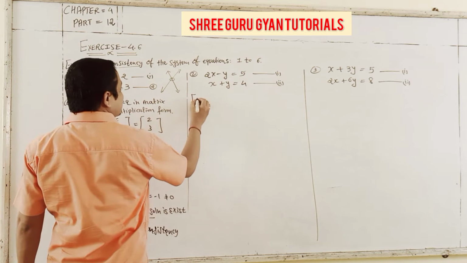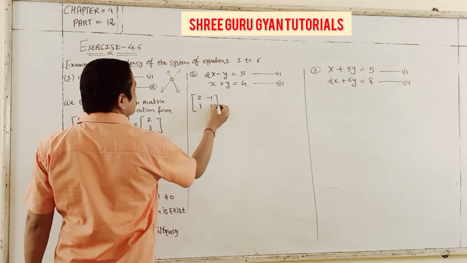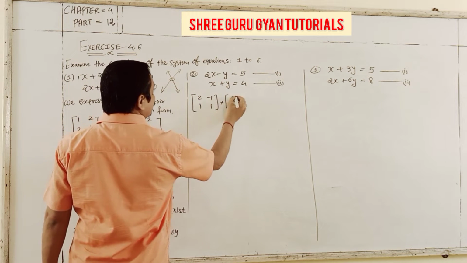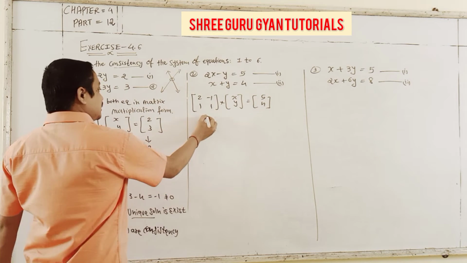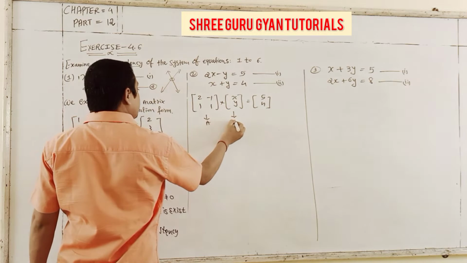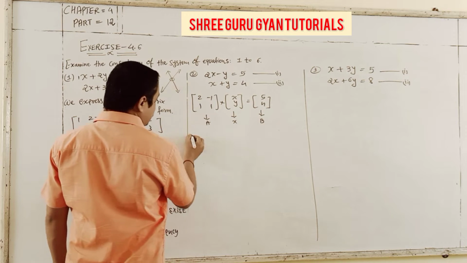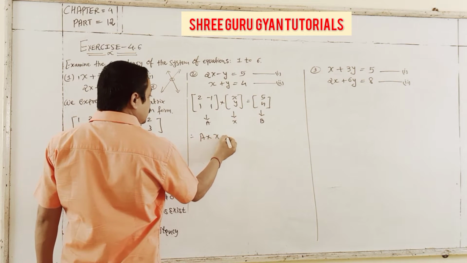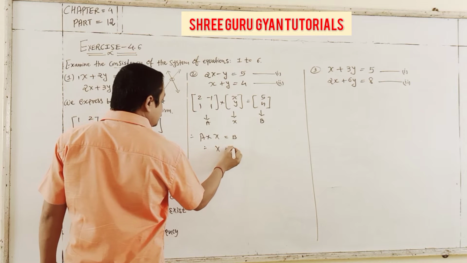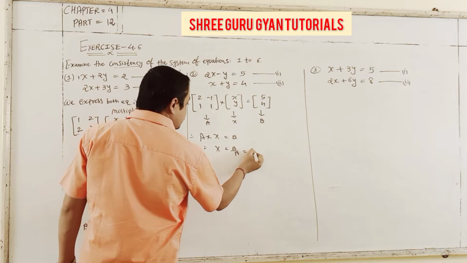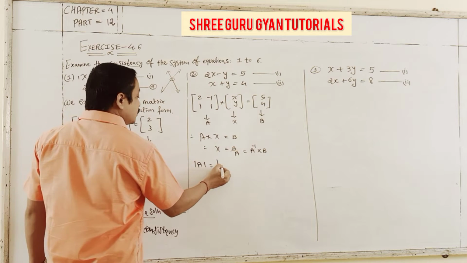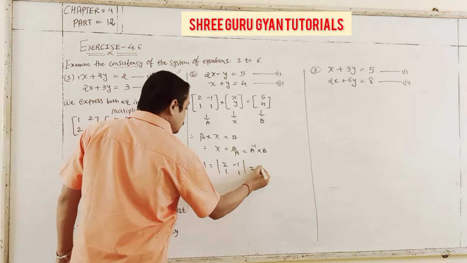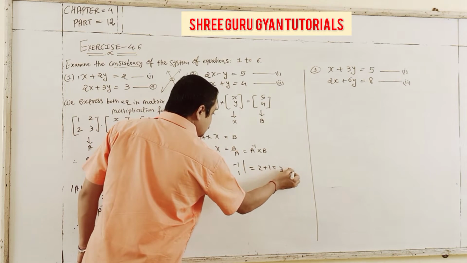Similarly, we express the second in matrix form, writing the statement as above. Here 5 4, and consider this A, X and B. So definitely A into X is equal to B, and X is equal to A inverse into B. So go to the determinant of A: 2 1, -1 1, which is 2 plus 1, 3, non-zero.